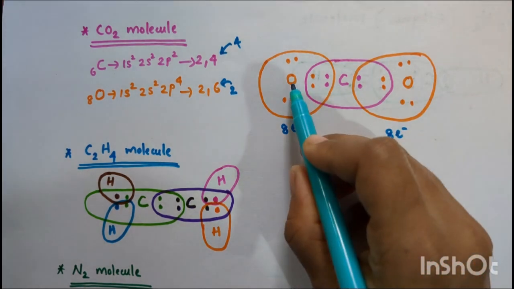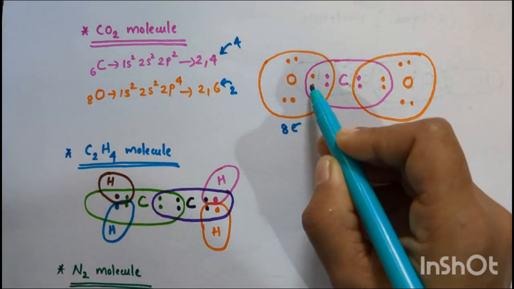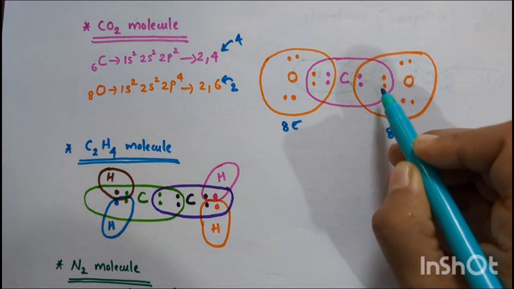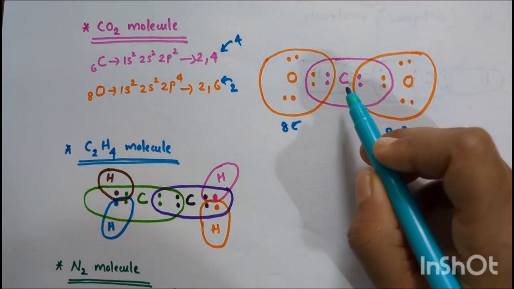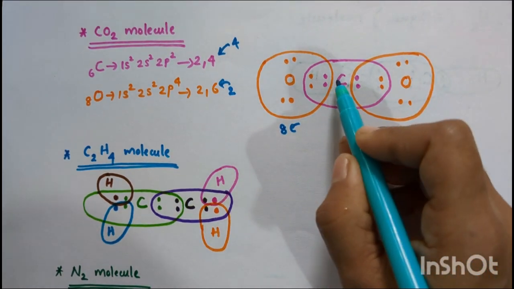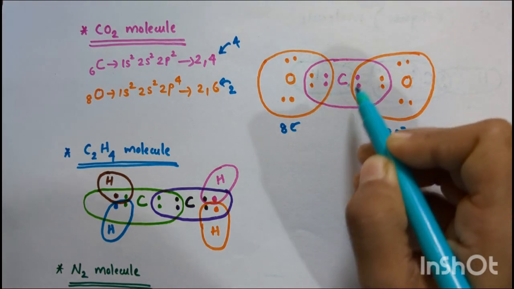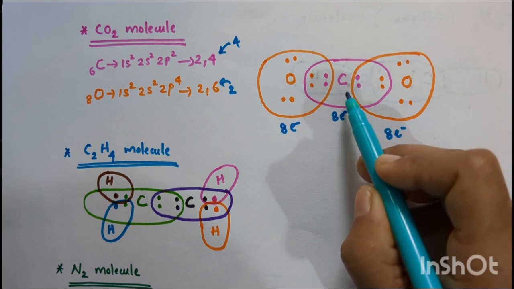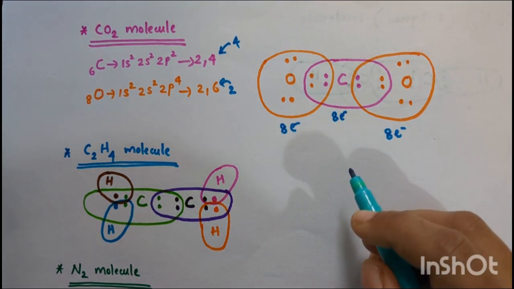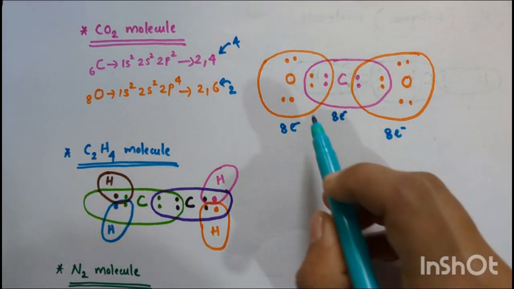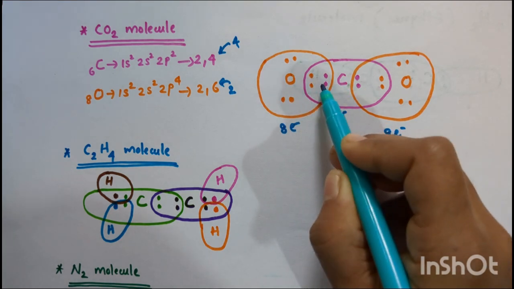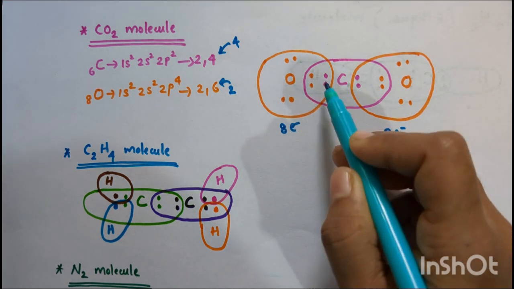Now you see this oxygen shares its 2 electrons with the carbon atom, and the other oxygen shares its 2 electrons with the carbon atom. So the carbon atom now has 4 plus 4, 8 electrons, and also achieves an octet in the outer shell. This oxygen and this carbon share 4 electrons between them, or 2 pairs of electrons.